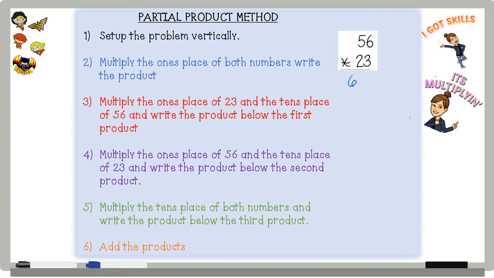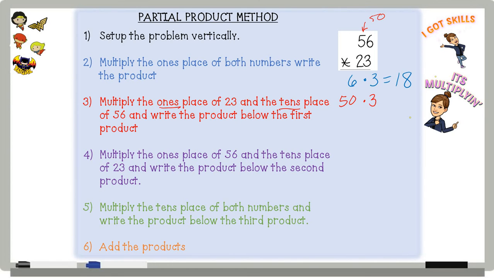So here I'm going to do 6 times 3, and that gives me 18. All right, and the next thing I'm going to do is multiply the ones place of 23 and the tens place of 56. So now the ones place here is worth 3, but the tens place, remember, this is in the tens, so it's worth 50.